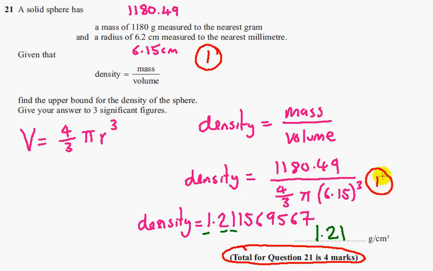The third mark is for this calculation here, where you actually divide the mass by the volume. And the fourth mark is for the final answer of 1.21. And it says the answer can be from 1.21 to 1.22 is also acceptable. Okay, so that's 4 marks for question 21.